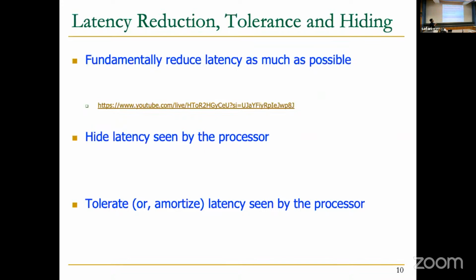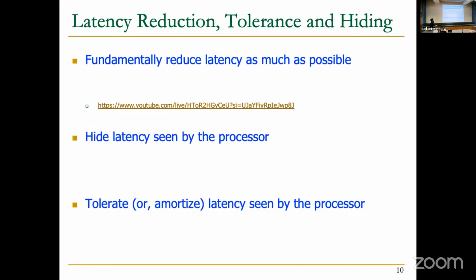Okay, so before going into the prefetching details, I need to clarify these three things first. We have some techniques that fundamentally reduce the latency of the memory. Then we have some techniques that hide the memory latency from the processor's perspective. Fundamentally, it does not reduce the latency cost of one memory operation, but from the processor's perspective it hides the latency so that the processor sees less of it.